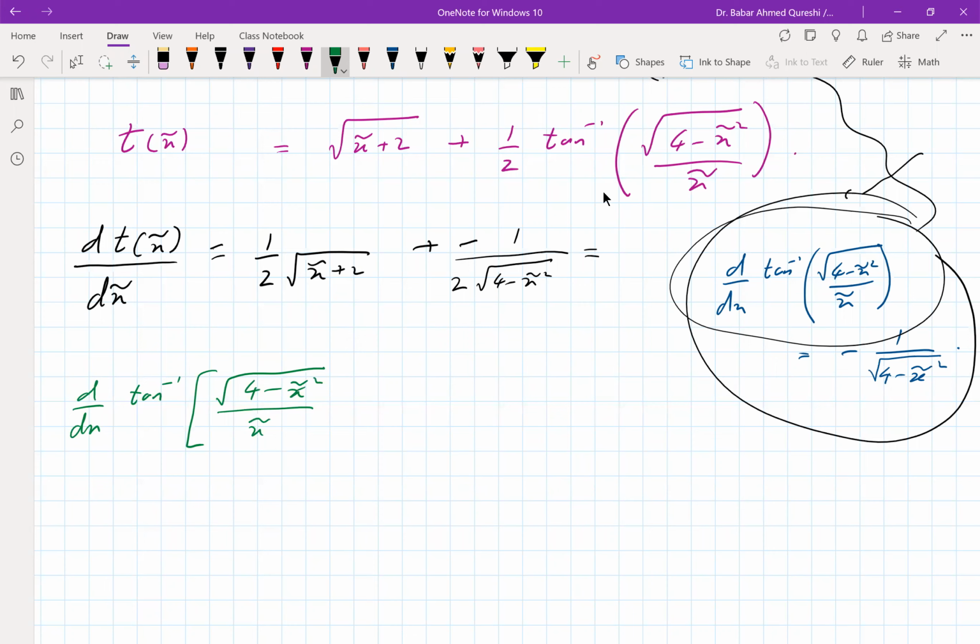Let me just write x tilde as x. So tangent inverse is 1 over 1 plus x squared.